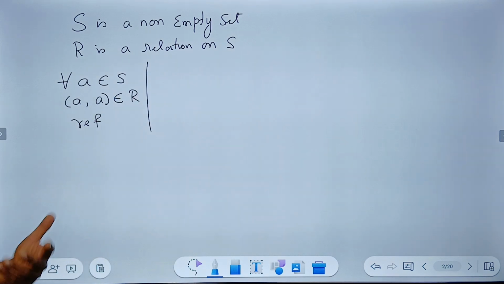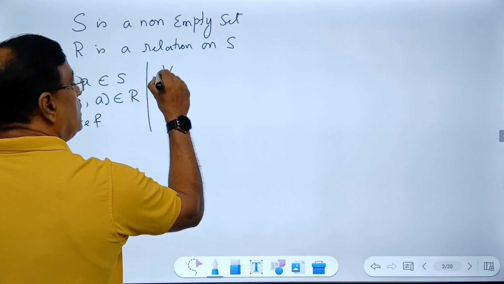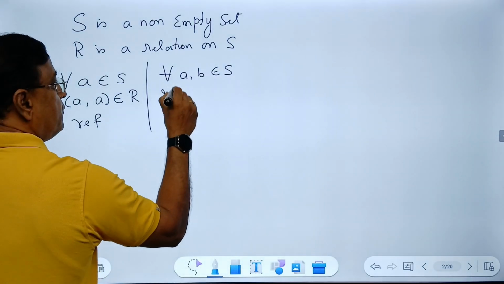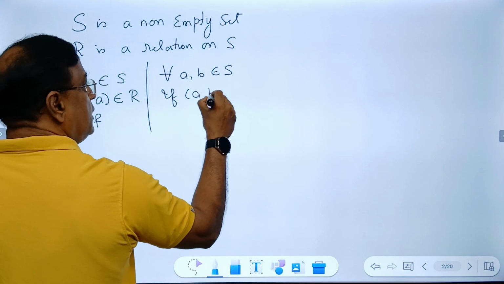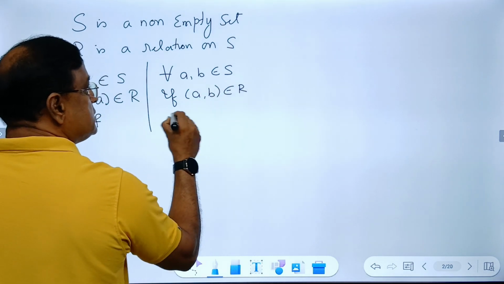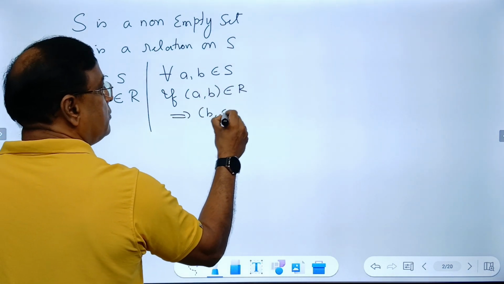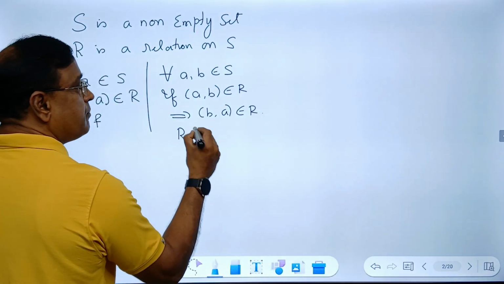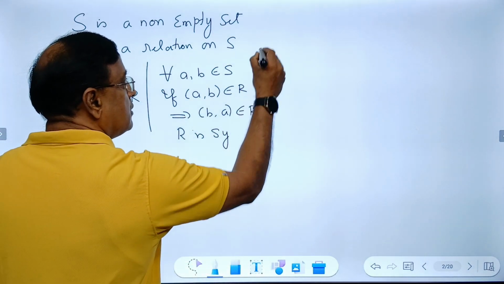Already we have done this, I'm just reminding you. For every A, B belongs to S, if A is related to B, then B is related to A. If that is the case, you can say R is symmetric.